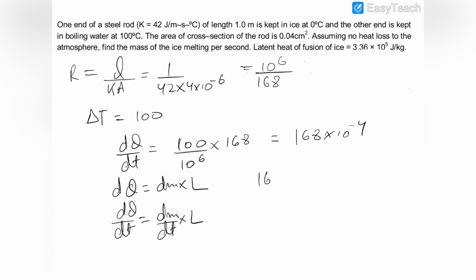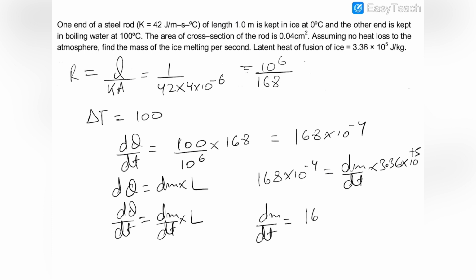So 168 into 10 raised to power minus 4 is equal to dm by dt into 3.36 into 10 raised to power plus 5. So dm by dt will be equal to 168 divided by 3.36 into 10 raised to power minus 9. So this is in kilogram per second.